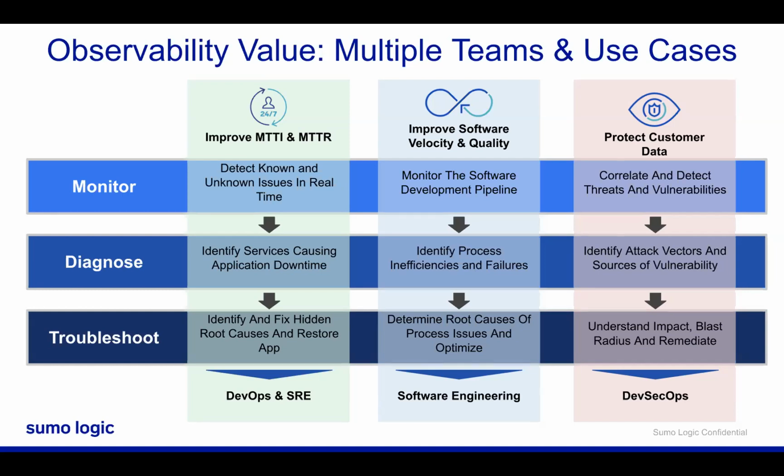Then in troubleshooting, how root cause identification can be faster, and how you can optimize your development process itself. We will talk in more detail about all these things, what the benchmarks are, and how we can improve this using Sumo Logic as a platform.